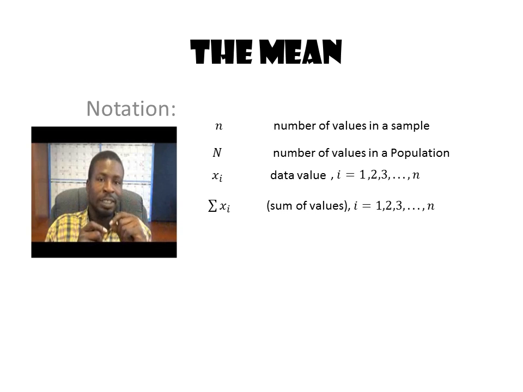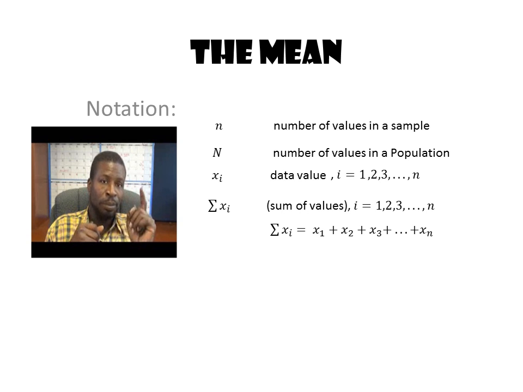And if you remember, the xi were the data values from the data set. So this sigma xi notation just means to add up all the data values from x1 all the way up to xn. Sigma xi stands for x1 plus x2 plus x3, all the way up to xn.